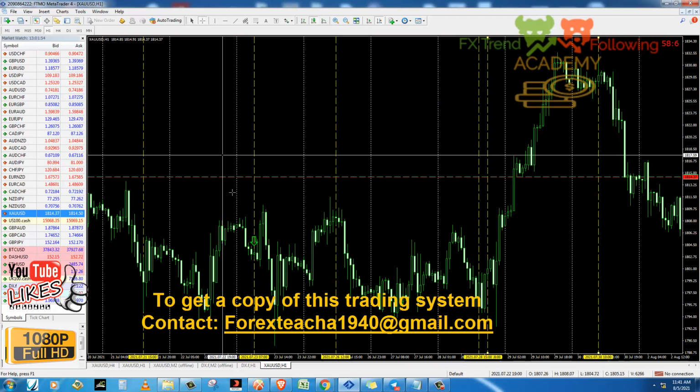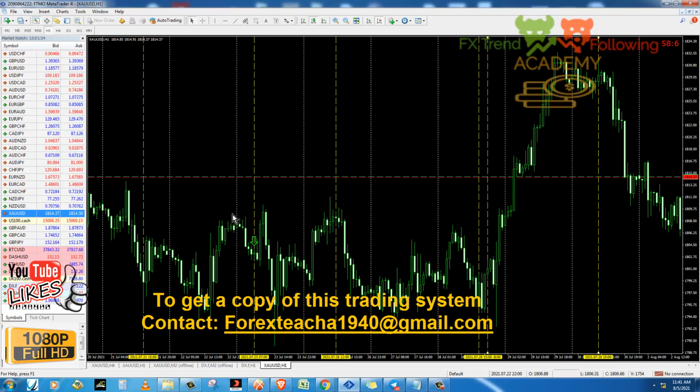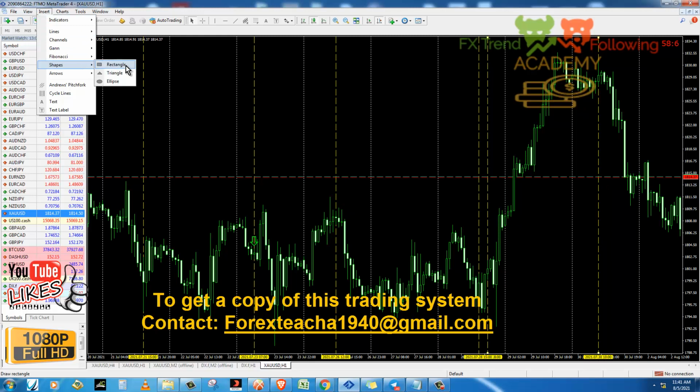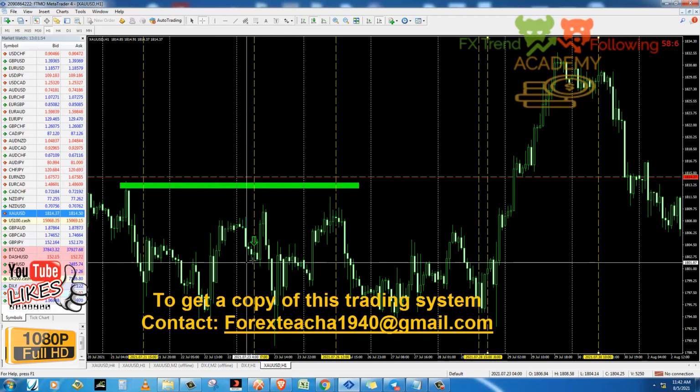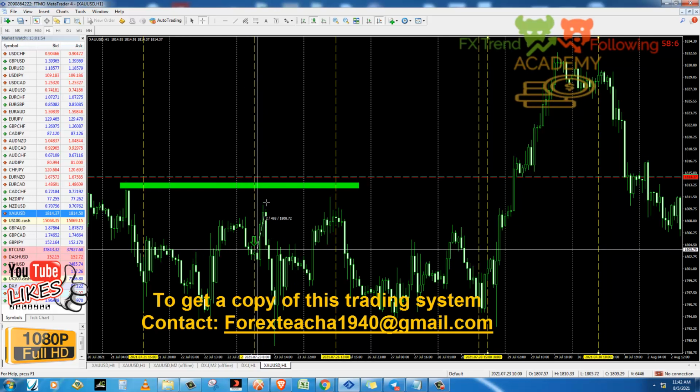It first gave us a correction and then it went down. This was just a stop hunt. So whoever put the stop loss just here was going to be taken out. But if you put it on the previous one right here, this is just a stop hunt that was used. So if you have been trading for quite some time, you know that before the market goes in your direction, it goes and hunts for stops.